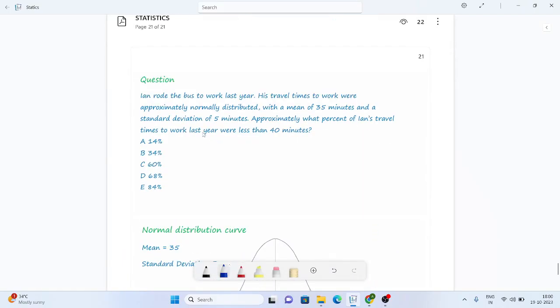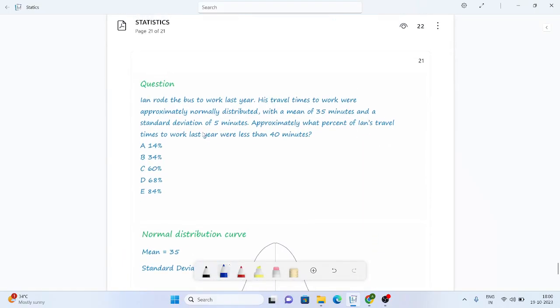Okay, so this is the last question. I rode a bus to work last year. His travel times to work were approximately normally distributed with a mean of 35, meaning the value of m is 35, and a standard deviation, meaning the value of d is 5. Approximately what percent of I's travel times to work last year were less than 40 minutes?